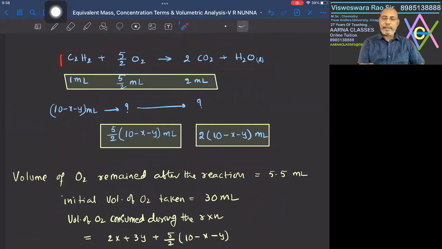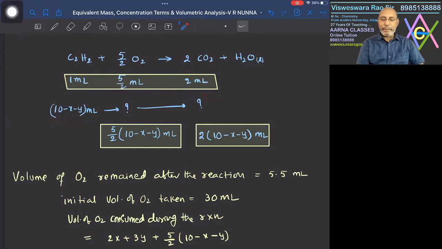Here 1 is there, here 5 by 2 is there, here 2 is there. That means from the reaction, 1 ml of acetylene needs 5 by 2 ml of oxygen for combustion and gives 2 ml of carbon dioxide. But how much acetylene do I have at my disposal? I have 10 minus x minus y ml.